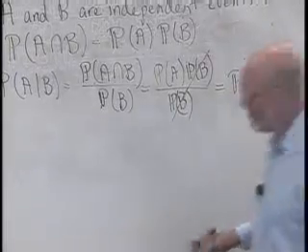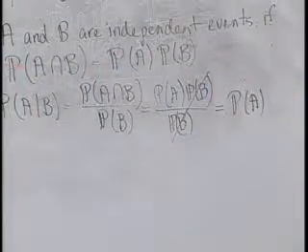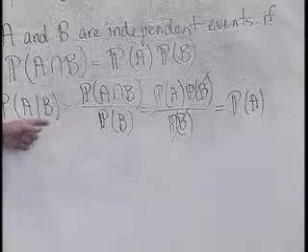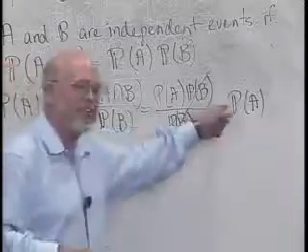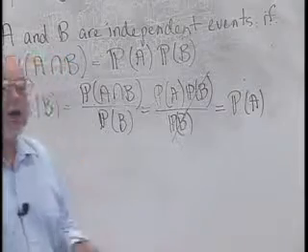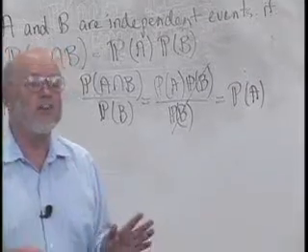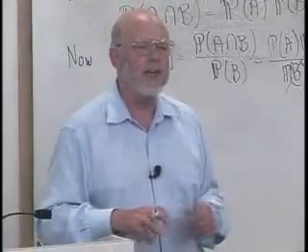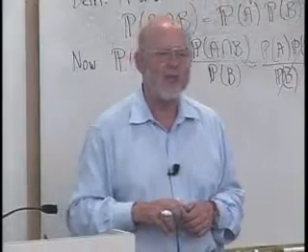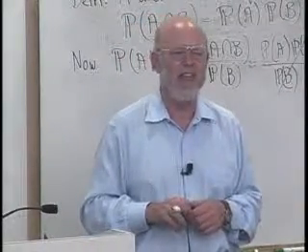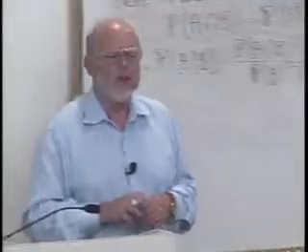And what this says is that if two events are independent, the probability of A given B is the same as the probability of A. In other words, knowing whether event B has occurred or not doesn't affect your estimate of the probability that event A occurred. And frequently, when events are assumed to be independent, it's with this criterion in mind.